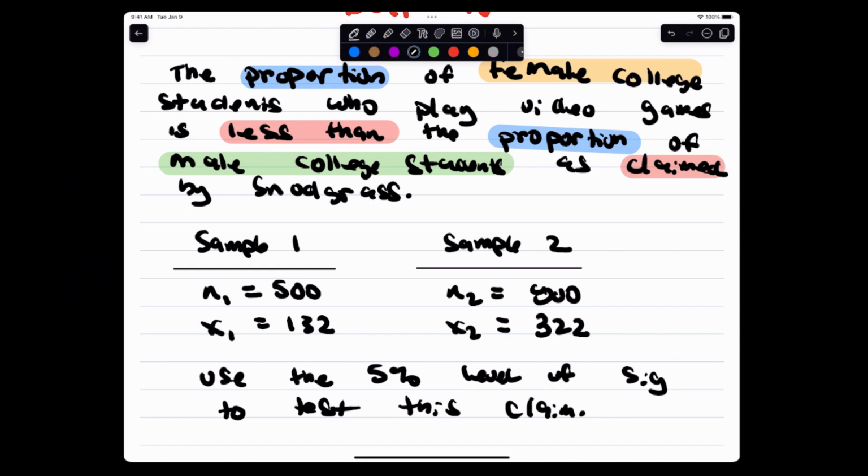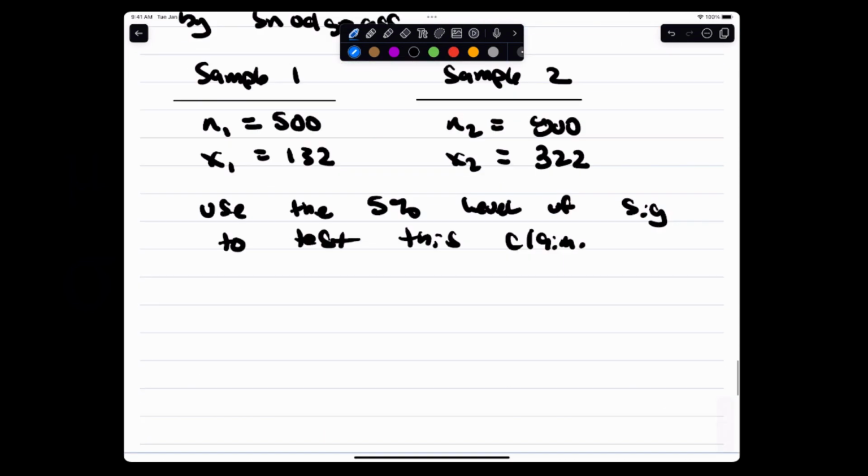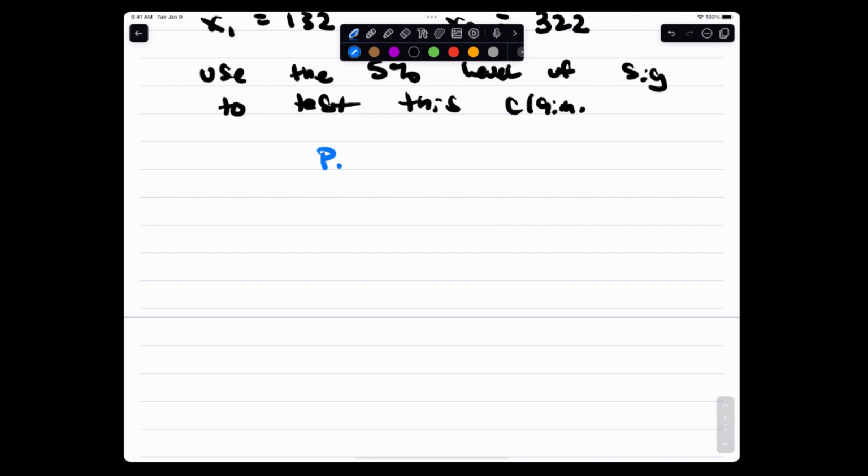So this is P1, P2. What's your inequality? It's less than. Is that true? Okay. P1 less than P2, and this is your claim.